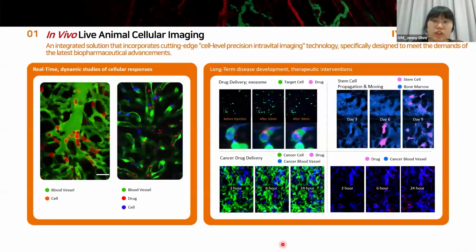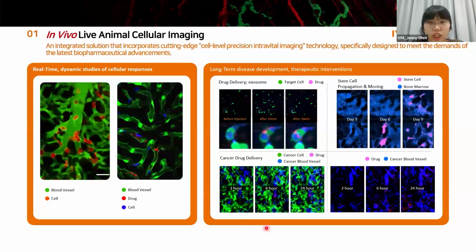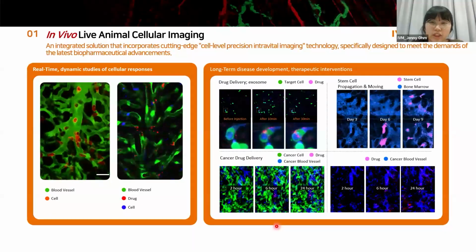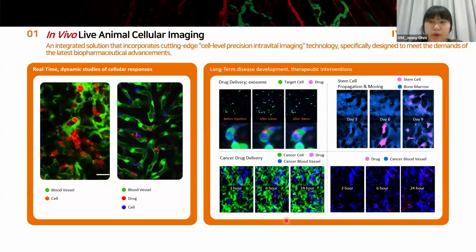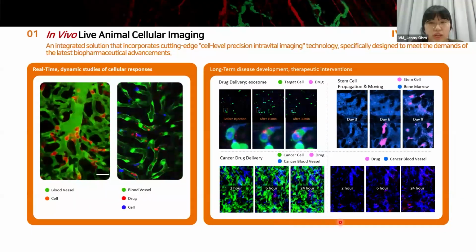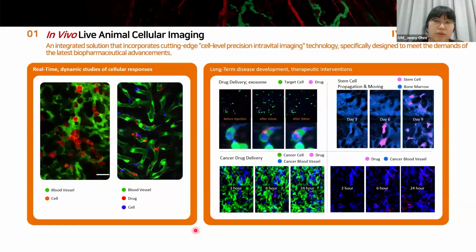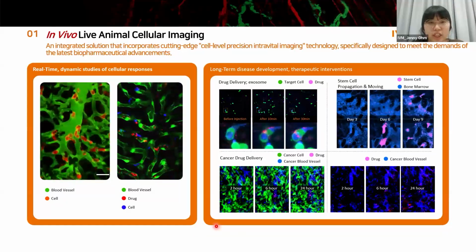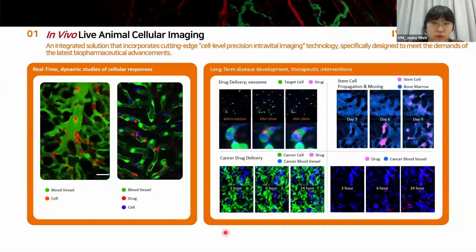To advance research in fields such as immunology and drug delivery, it's essential to understand how and why biological processes occur within the living body at the cellular level. IVIN technology's intravital microscope enables dynamic, real-time visualization of cellular responses and disease progression in vivo.